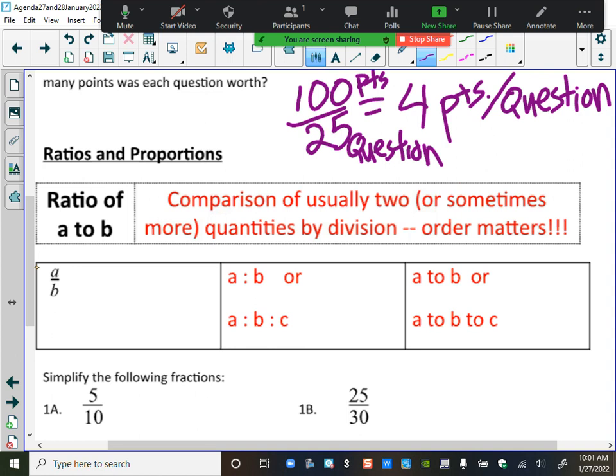Ratio, you say A to B. You can see that this is a fraction form. This is colon form. Word form, or written.